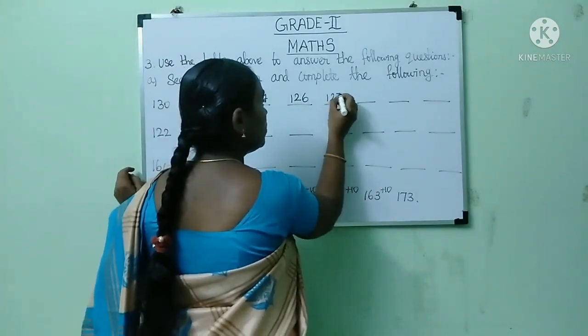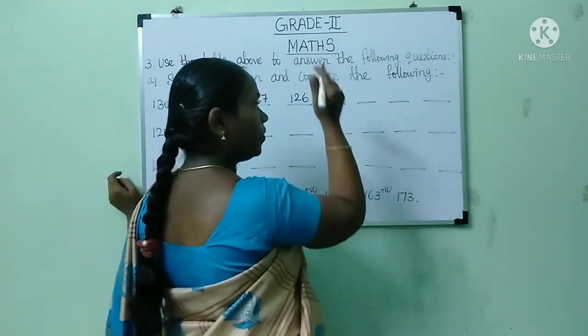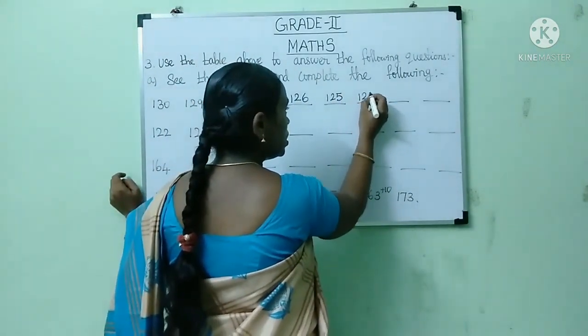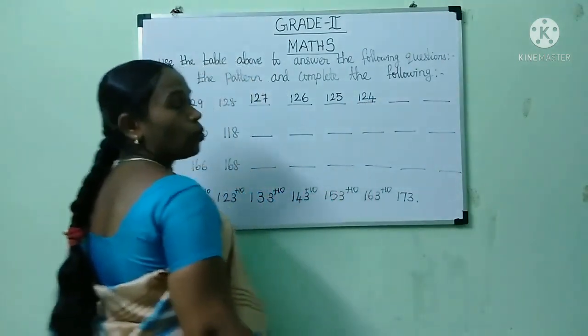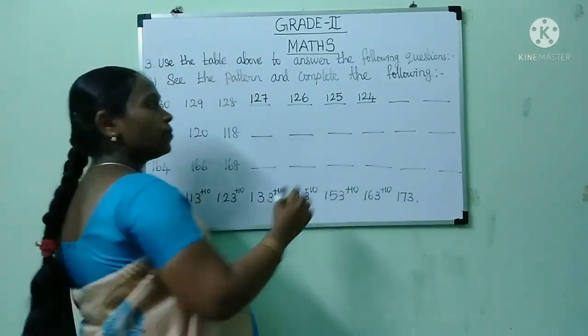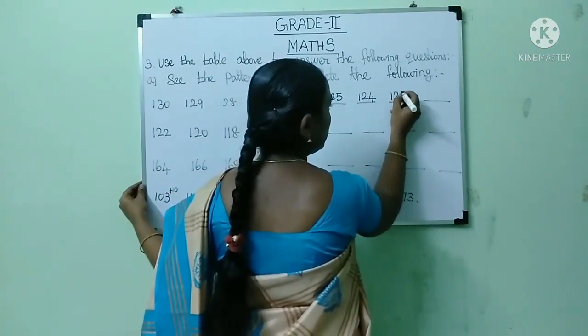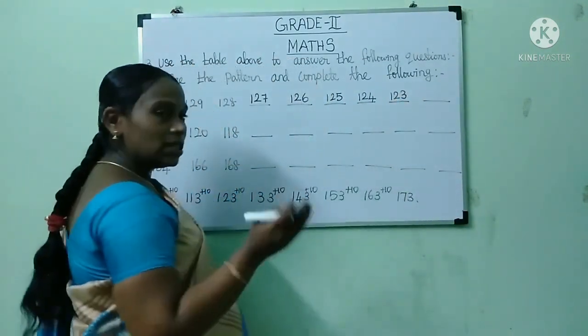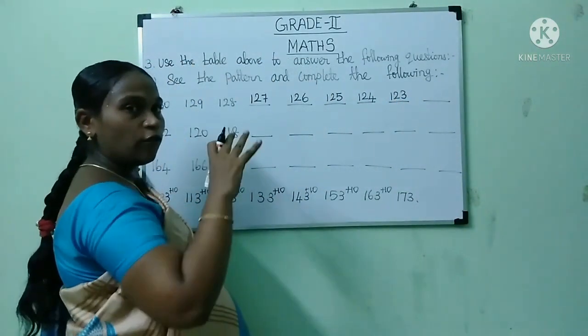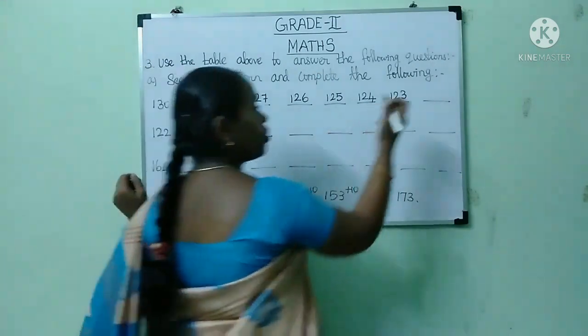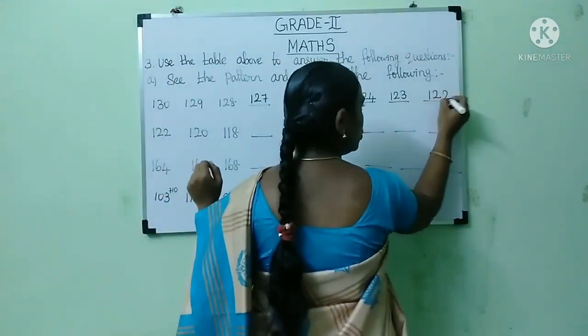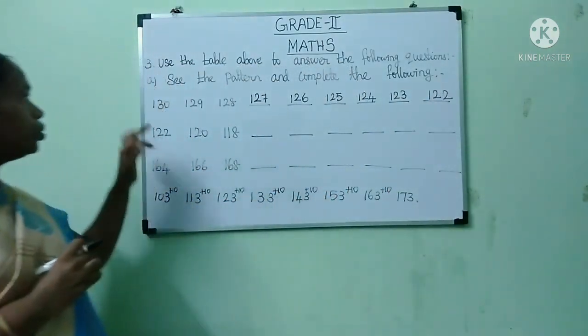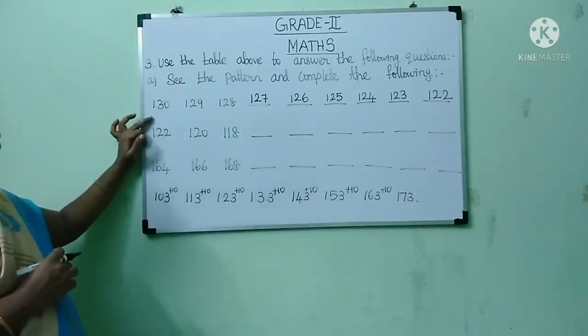Yes, 125. Next, 5 before? 4, 124. 124 before? Yes, 123. 123 before? 3 before? Yes, 2. So 122. Are you clear, children? How to write this first sum?